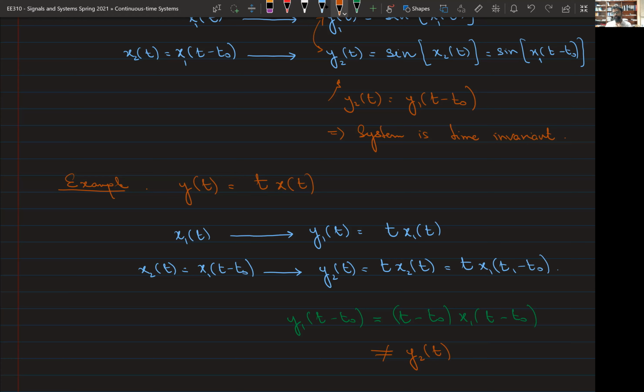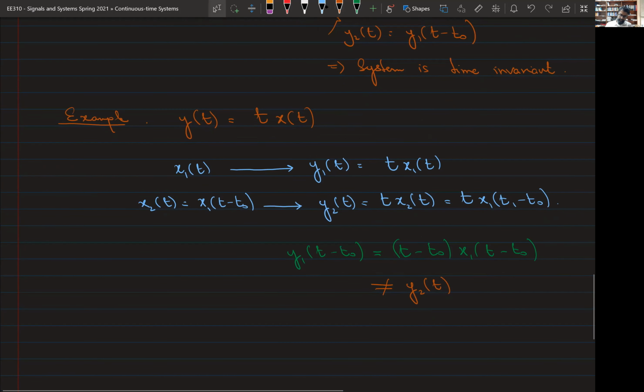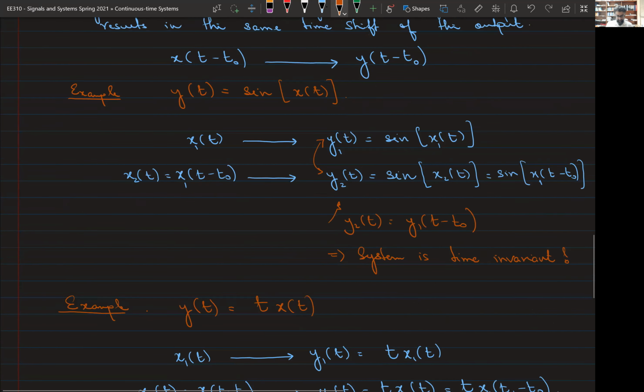And therefore this system is a time variant system. Any questions about time invariance before I move ahead?